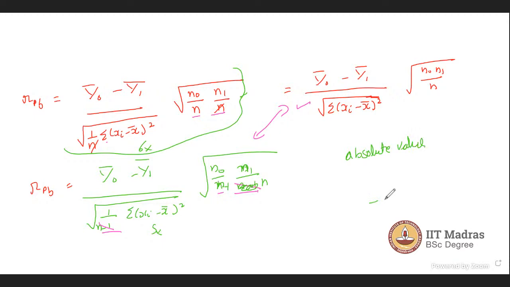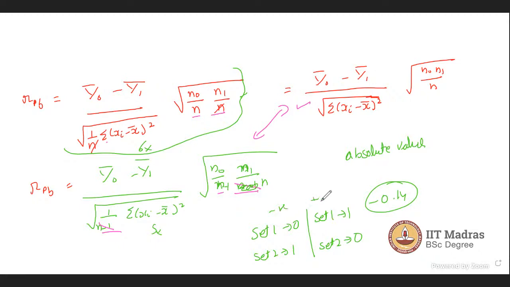But many of you still answered -0.14, because if you take set 1 as 0 and set 2 as 1, or set 1 as 1 and set 2 as 0, the value is the same, 0.14, but in one case it is negative and in the other positive. We mentioned in the question to enter the absolute value, but many of you entered -0.14 and marks were deducted. So keep that in mind: if the absolute value is asked for, enter only the positive.